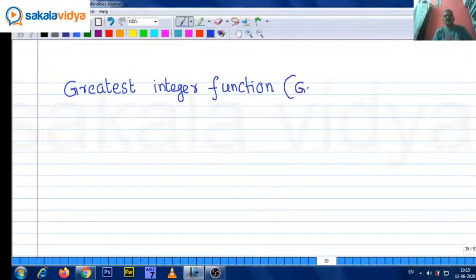This is called GIF. In so many problems it will be very useful, even for the limit chapter, the differentiation chapter, the function chapter or integration. Everywhere we can use this.